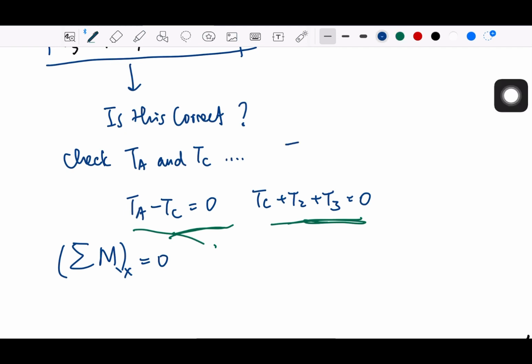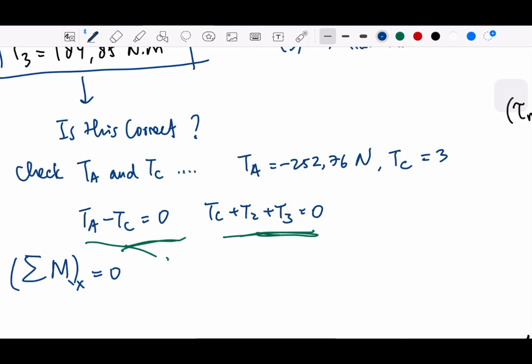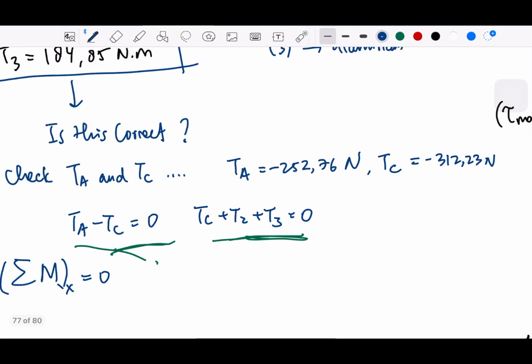In this case, TA is negative 252.76 Newton, and TC is negative 312. Oh, sorry.